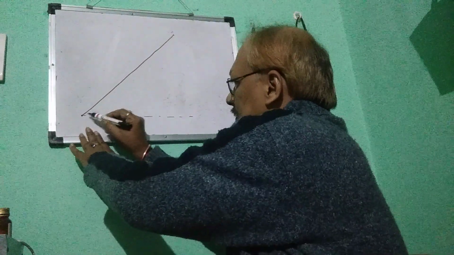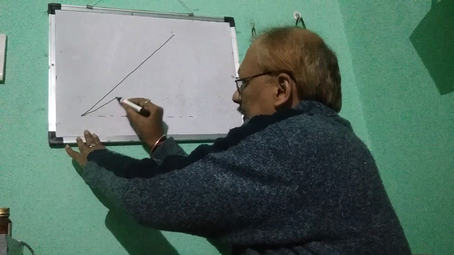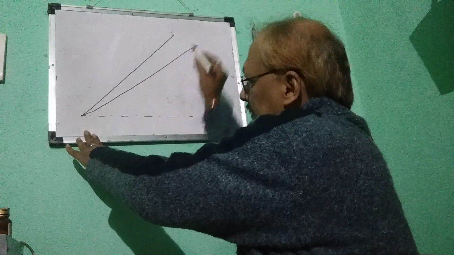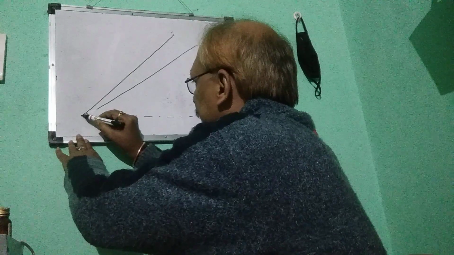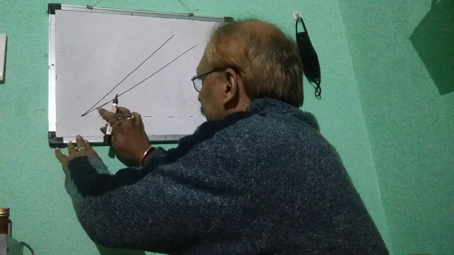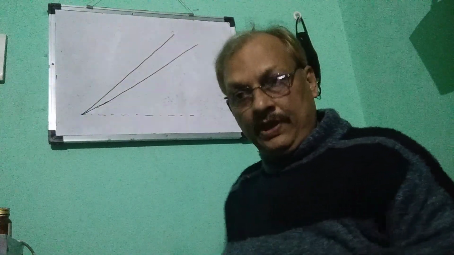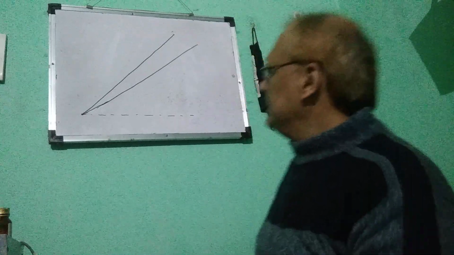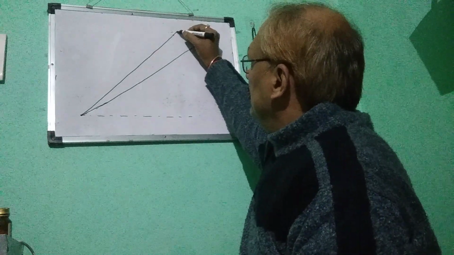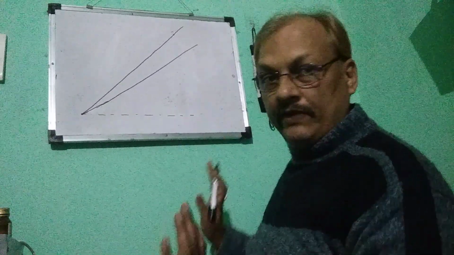This is the 45 degree line to the horizontal, and this is 30 degrees to the horizontal. I am drawing here freehand. You have to draw by equipment, the mini drafter and other things. These angles I will mention.